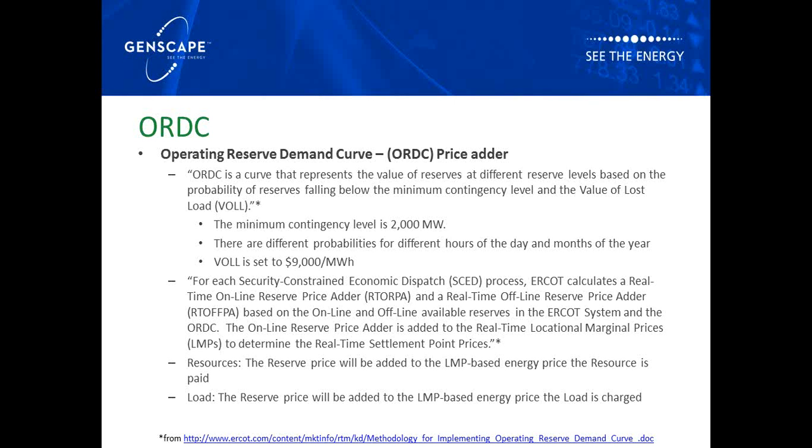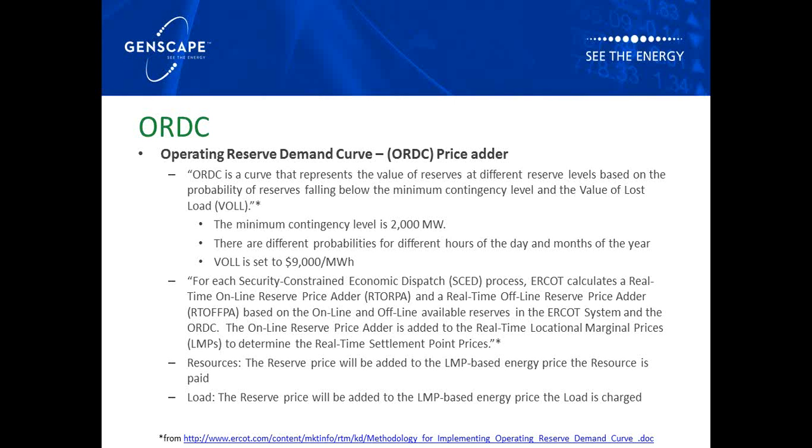There's a graph ERCOT has published, and it has different probabilities for different hours of the day and different months. A lot of it's seasonal, you get higher probabilities during stronger months. And the other point is that the value of lost load is currently set to 9,000 megawatts.